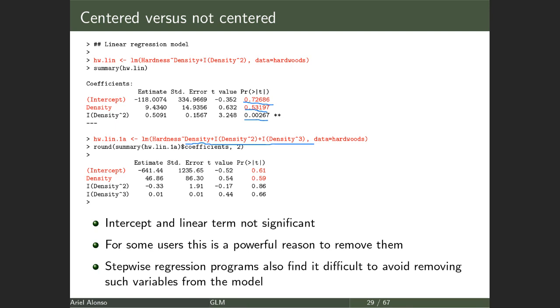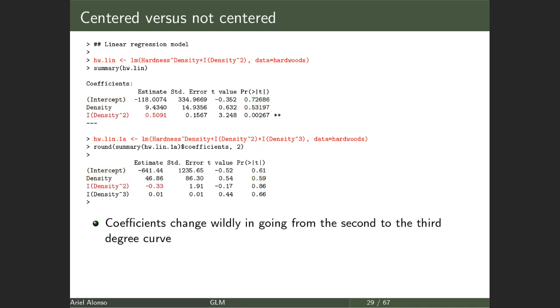And if you apply automatic model selection procedures, for instance, like a stepwise regression, they will find it difficult also to avoid removing these variables from the model. Now, we know that this is not a good idea, and we will still see once more why. The other thing you see is that the coefficients change widely if you go from the second to the third degree curve.